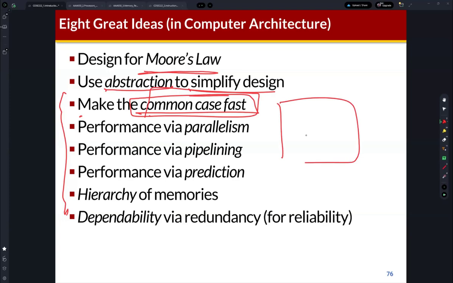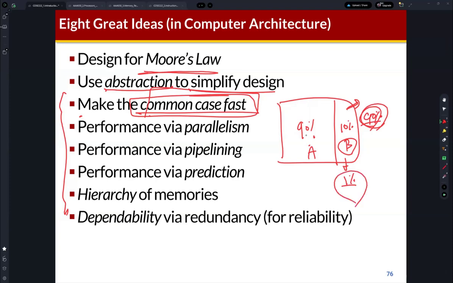Your work is composed of 90% of task A and 10% of task B. Then you can work hard and improve the performance of task B by 90%, right? So we can reduce this 10% of the task to 1%. It will consume 1% of total time.